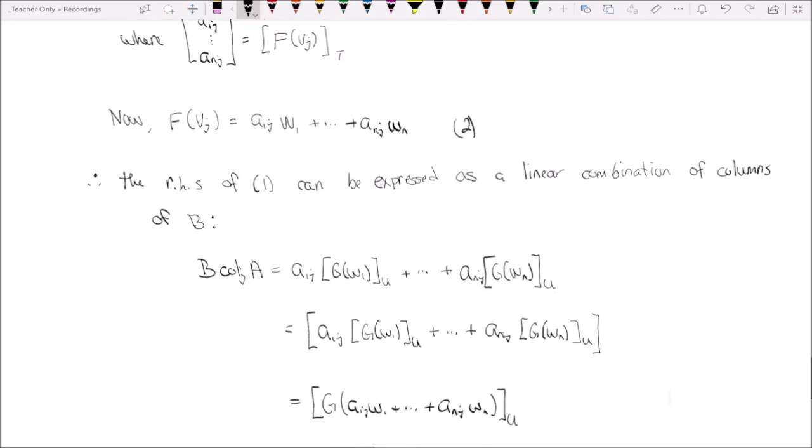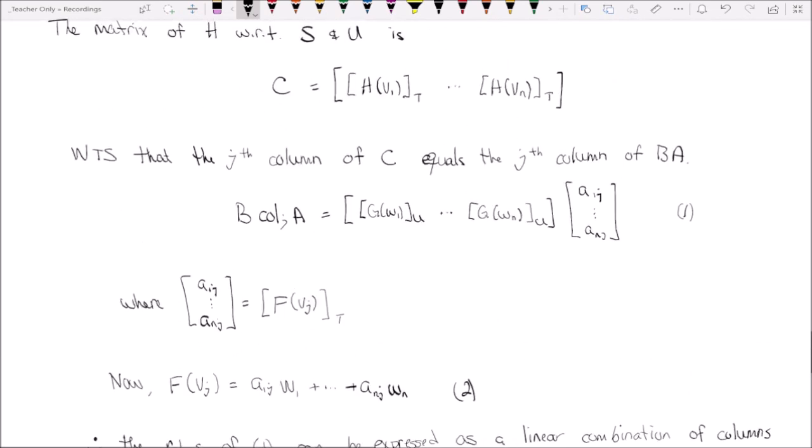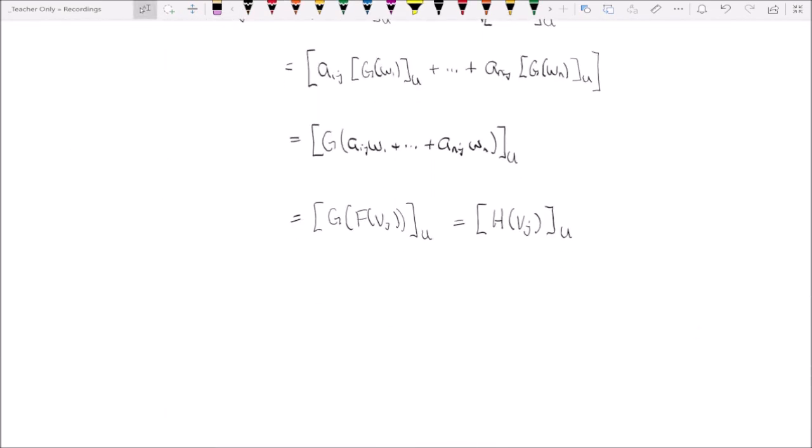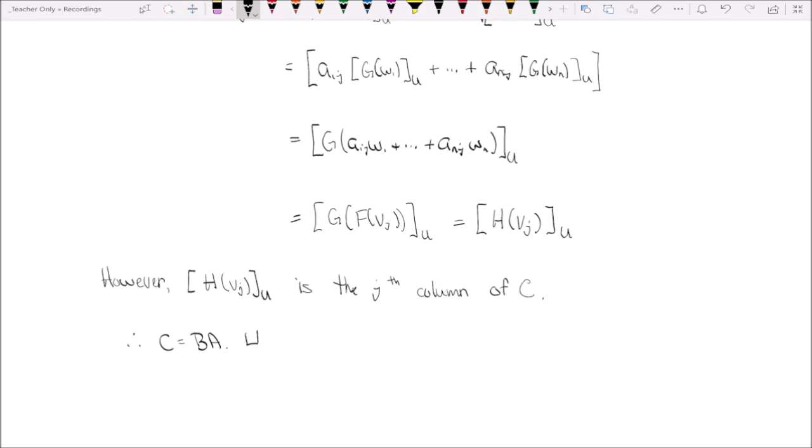Well, that itself is the jth column of, I'm sorry, of C. And so we conclude that C is equal to B times A.